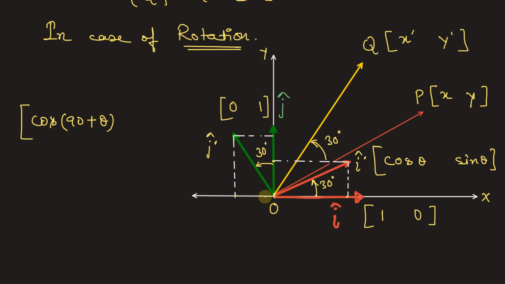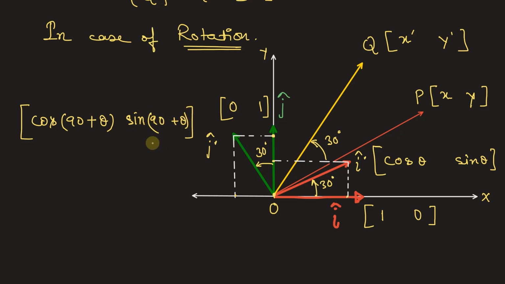This is the x coordinate in the negative side. The y coordinate is still positive, but it is the length from this point to this point, and it is given by sine 90 plus theta.